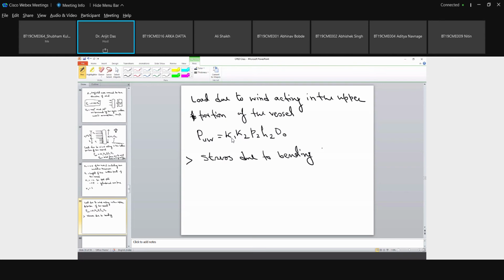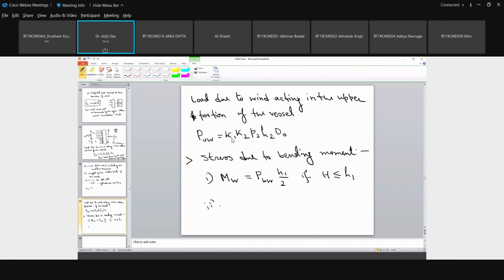MW will be PBW into H1 by 2, if the H value is less than or equal to H1. So if the total height is less than or equal to H1, this equation is valid.